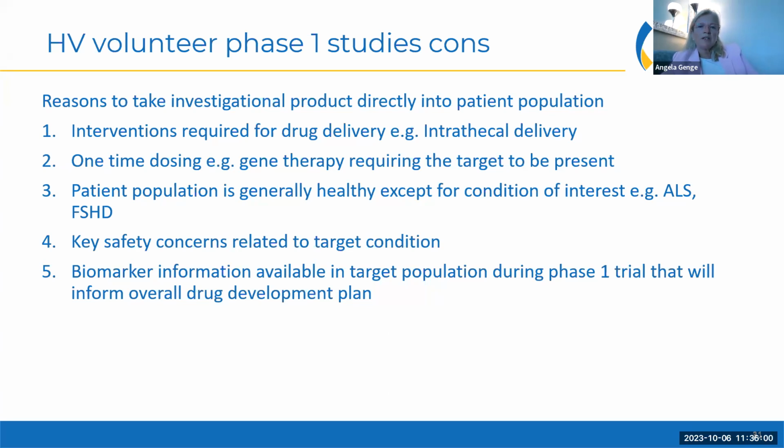We're currently in a phase where intrathecal delivery is now being used in amyotrophic lateral sclerosis for antisense oligonucleotide therapy, gene therapy, siRNA therapy. And in all these instances, doing a healthy volunteer study makes less sense ultimately when you're looking at how you're delivering your investigational product.